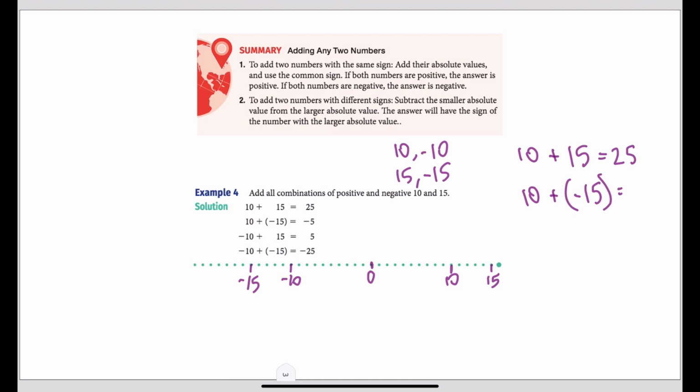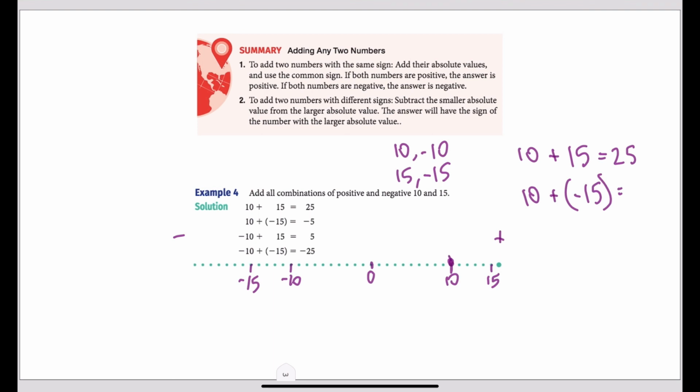Okay, so if I start at 10 and then move to the left 15 units, because that's what the negative means, I'm going to go to the left, right? Because remember, this is the positive side of the number line over here, and this is the negative side over here. So I start at 10 and go to the left 15 units.